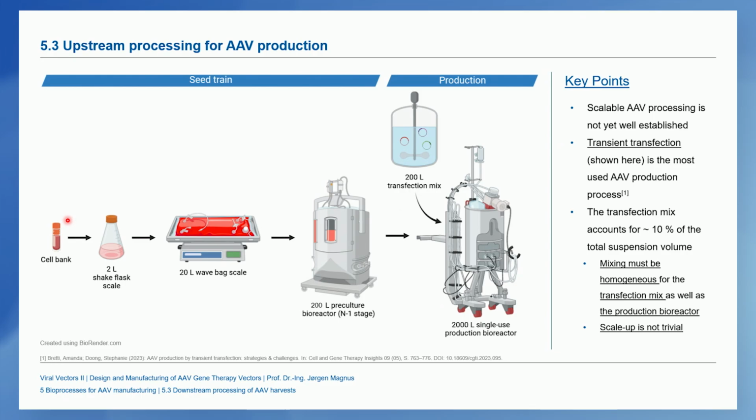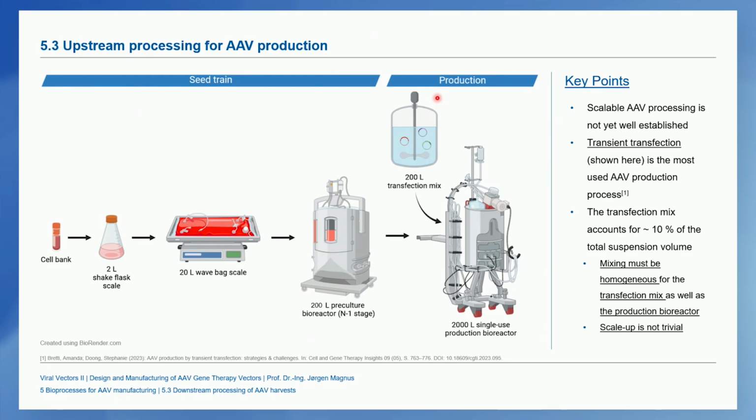We also see up here that the transfection solution, in the case of the triple transfection, has a significant volume, 10% of the production volume. And there you have the 3 plasmids that are mixed with the transfection agent, and then they need to be carefully added to the main bioreactor. And there it's very important that you have the right mixing times and the right mixing characteristics, the right shear forces in that mixing, and that you have a good mixing into the bioreactor, which isn't that simple at such a large scale.